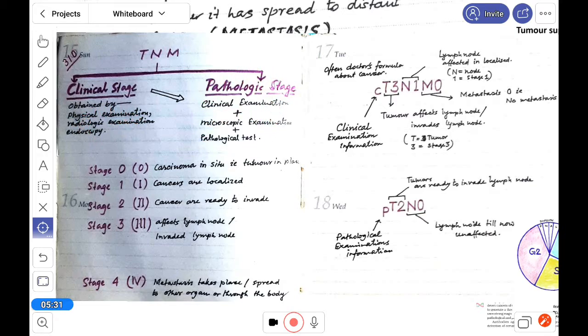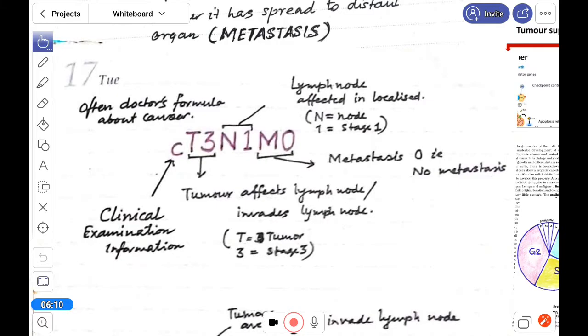Stage 0 means carcinoma in situ, the tumor in its place. In stage 1, the cancer is localized. In the second stage, the cancer is ready to invade. In the third stage, it affects and invades the lymph node. In the fourth stage, metastasis takes place and the cancer spreads to other organs.